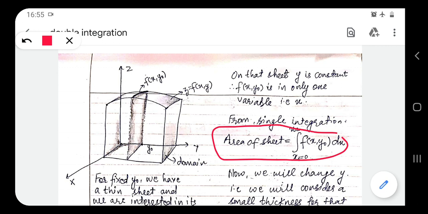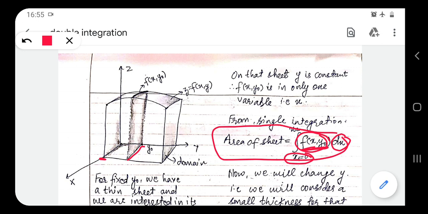So the integration from x1 to x2, my x is running from x1 to x2 here. In this case x1 is 0 and x2 could be any point on the x-axis. So integration of this height, this is the height and this dx is the width, the length and the breadth.